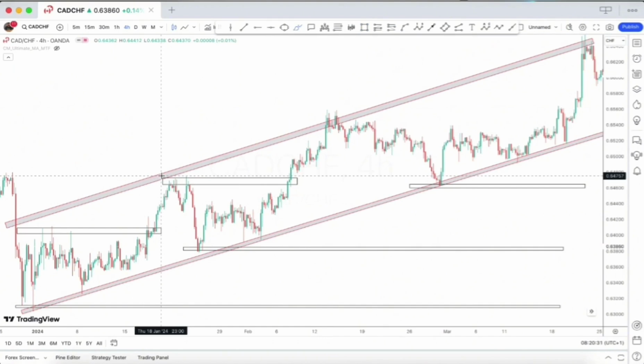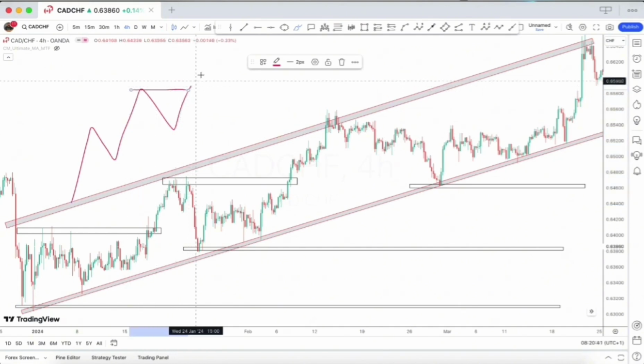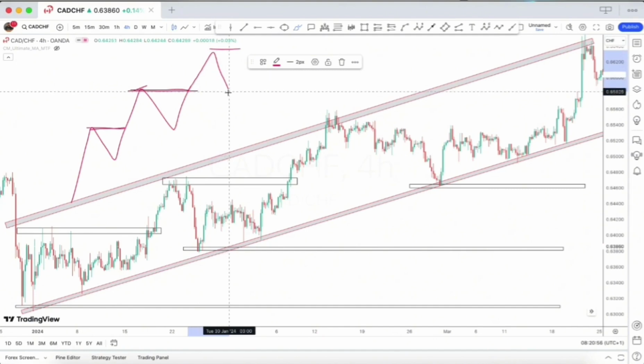The reason why that's been broken is because price needs to aim higher. For price to continue trending to the upside, it needs to break through a resistance to go higher. Just like this, we have to break through this resistance for price to get to this level, and for price to get to this higher level, it has to break through this resistance level, something like this, and then you see price retracing.